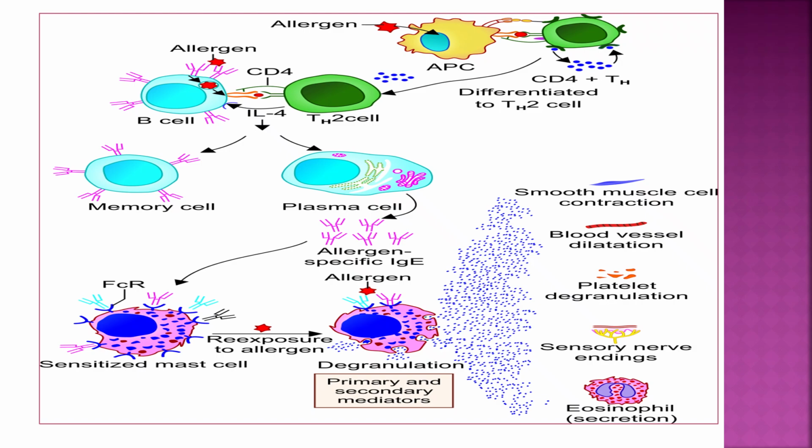The plasma cell produces allergen specific IgE, which sensitizes mast cells. On re-exposure to allergen, they cause degranulation. Primary and secondary mediators are released, and they cause smooth muscle contraction, blood vessel dilatation, platelet degranulation, and effects on sensory nerve endings and eosinophil secretion.